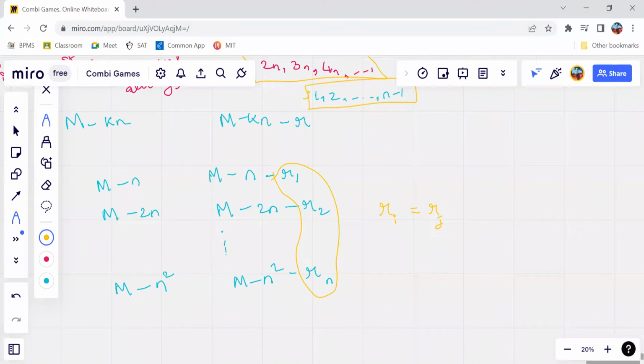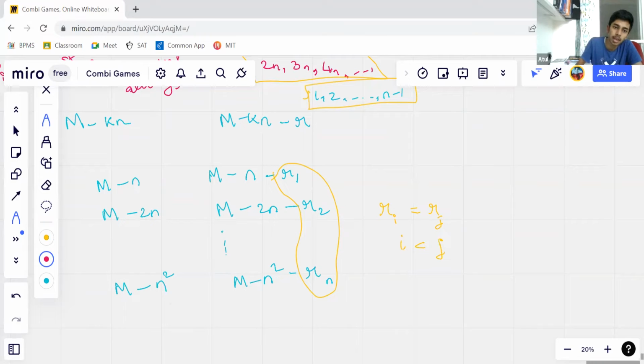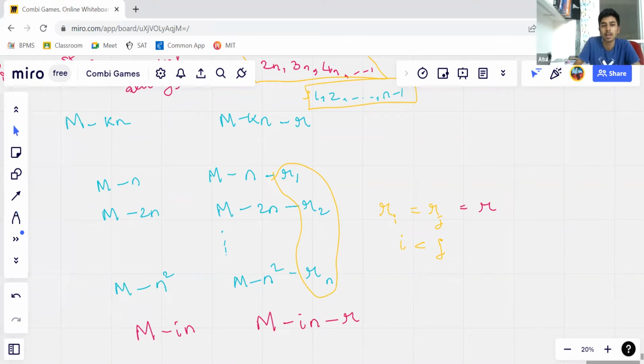Do you all agree? Yes. And without loss of generality, assume i is less than j. So the first player begins with m minus in. Let's suppose this is equal to R. Then B replaces this with m minus in minus R.